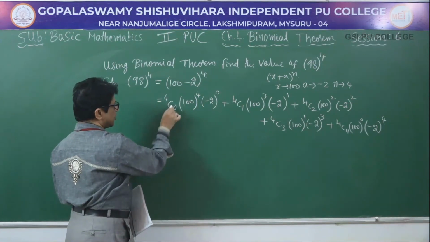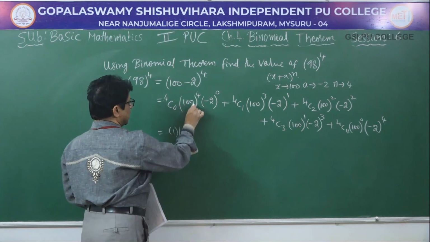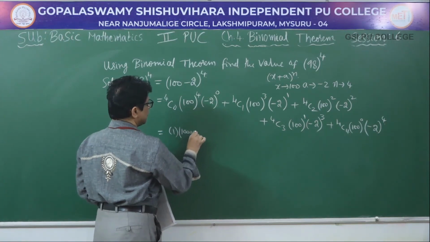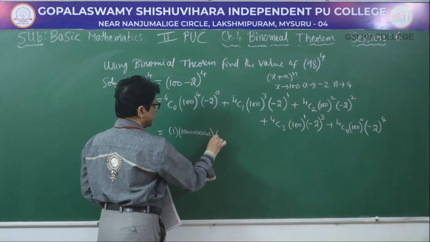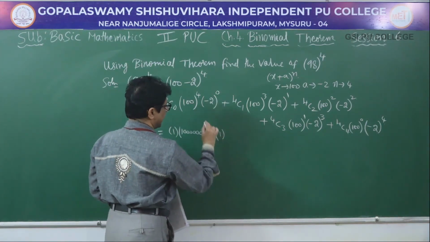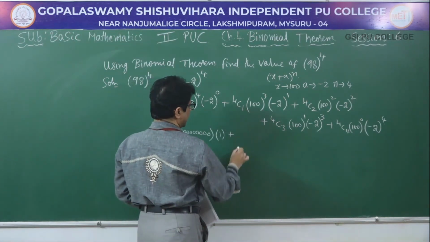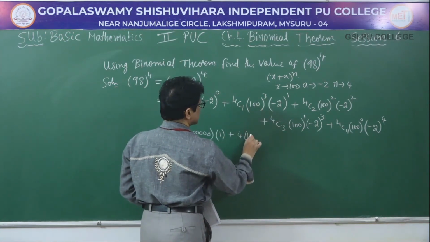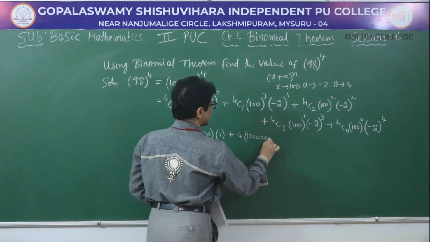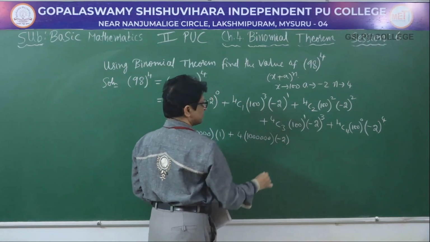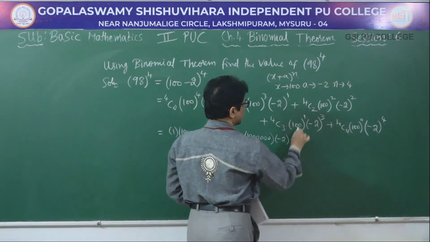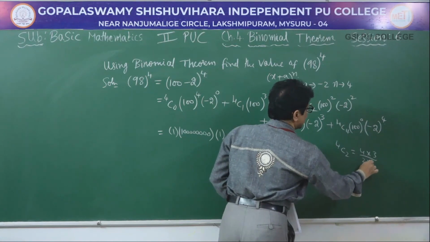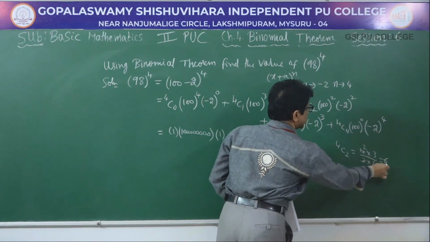So that will be equal to 4c naught is 1 into 100 whole power 4 is 1 followed by 8 zeros, into minus 2 whole power 0 is 1, plus 4c1 is 4 into 100 cube is 1 followed by 6 zeros, into minus 2 whole power 1 is minus 2, plus 4c2. 4c2 is equal to 4 into 3 by 2 into 1. 2 1s are 2, 2 3s are 6.